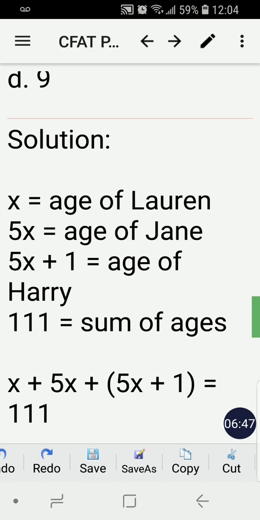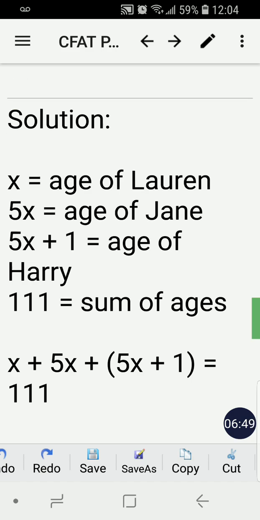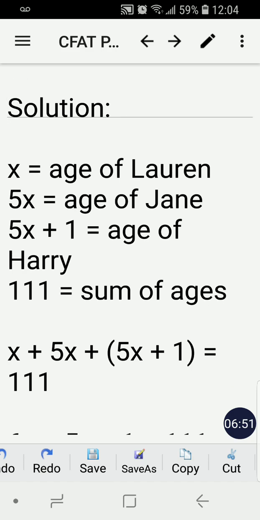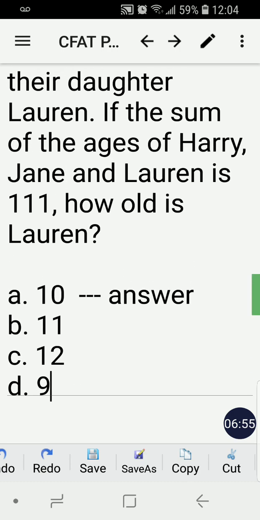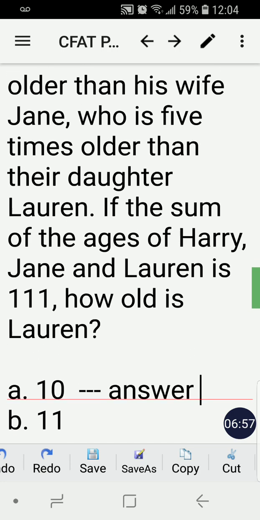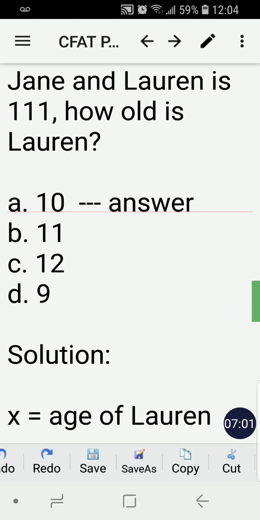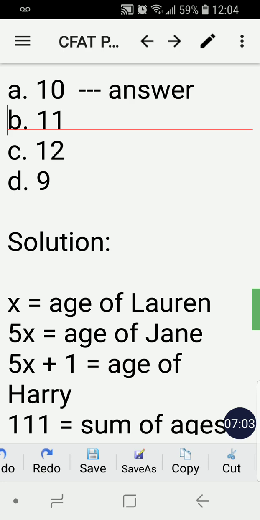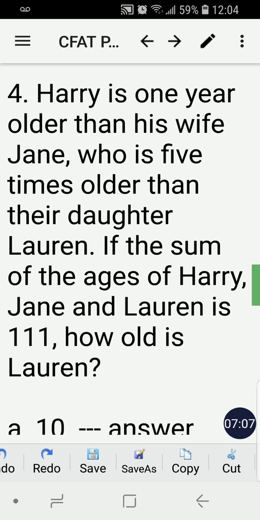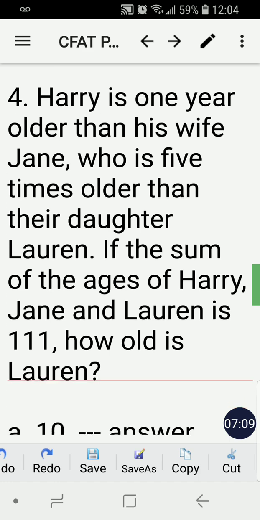So solution, we let x as the age of Lauren, and then the age of Jane is 5x because we were given that Jane is 5 times older than their daughter. And then 5x plus 1 is equal to the age of Harry, because we're also given that Harry is 1 year older than his wife Jane.